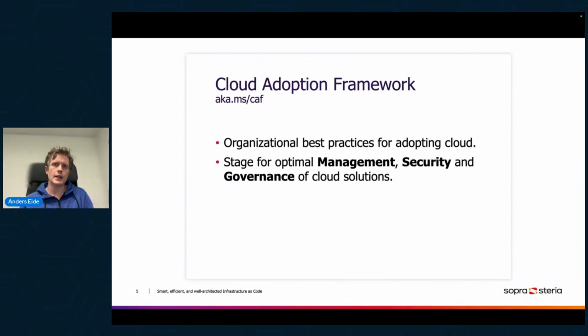And as a part of this, if you are able to follow at least some of the recommendations from CAF, you will get an organization that is ready to deploy workloads into the cloud, both in a secure way, with good management on everything, and also with the governance in place to be able to operate the solution over time successfully.